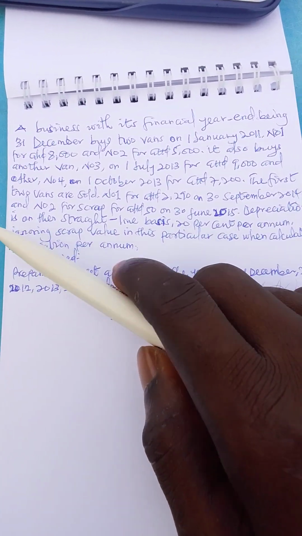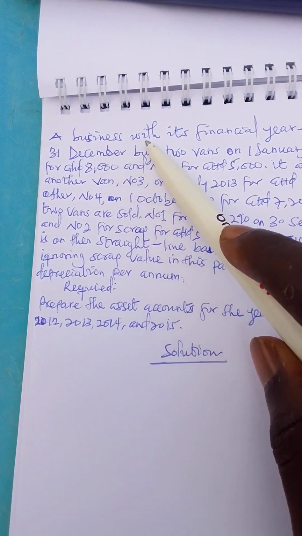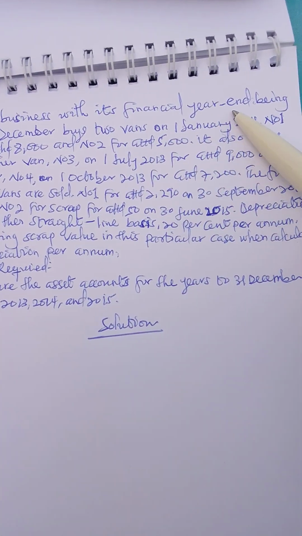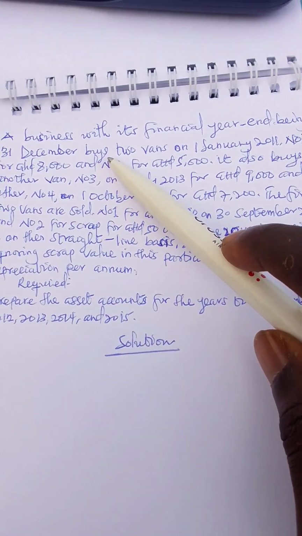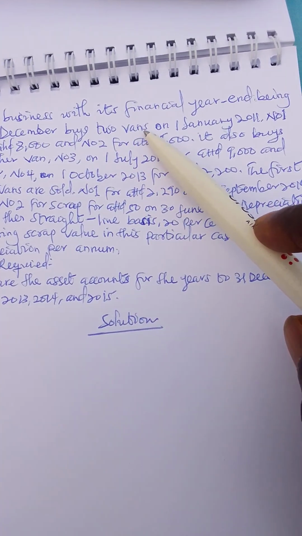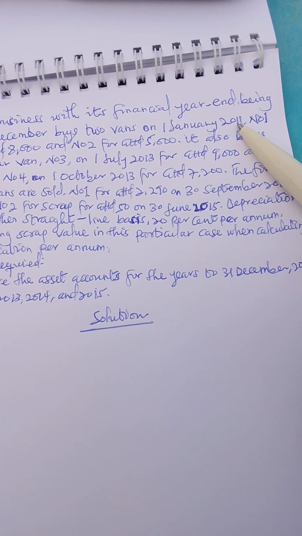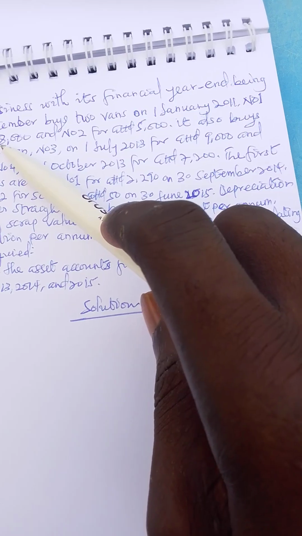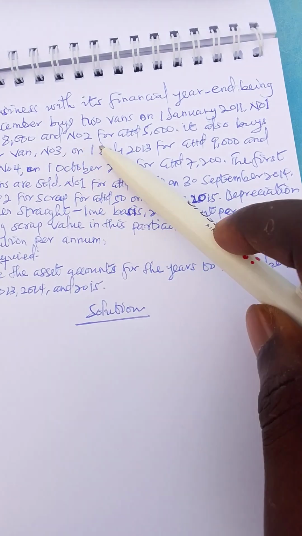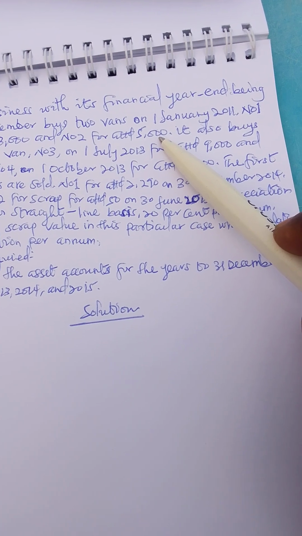So the question is saying that a business with its financial year end being 31st December buys two vans on 1st January 2011. Number one for 80,000 Ghana cedis and number two for 5,000 Ghana cedis.